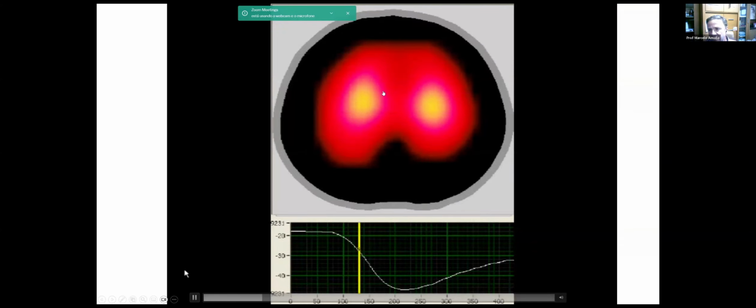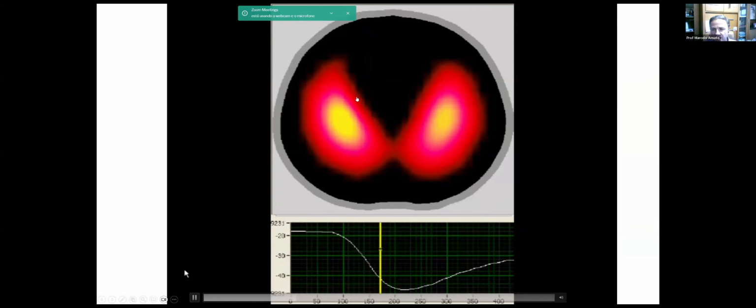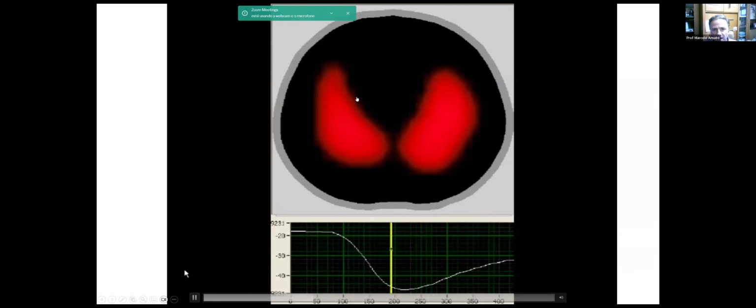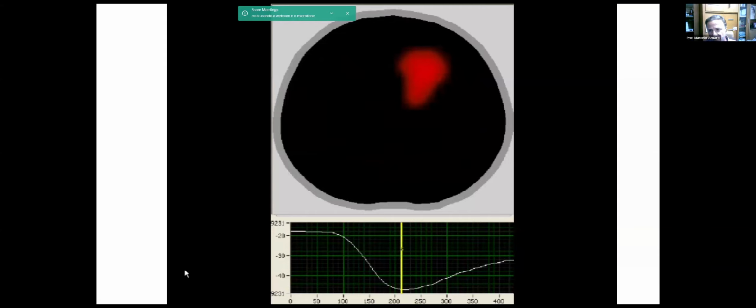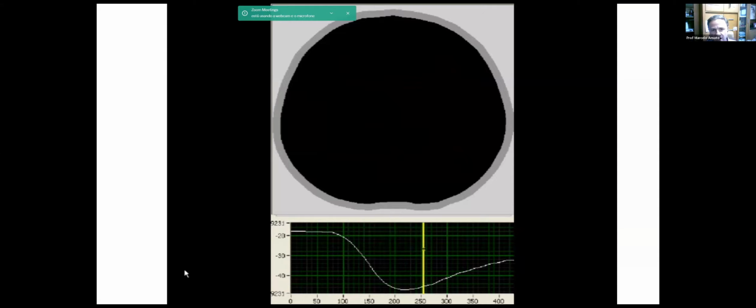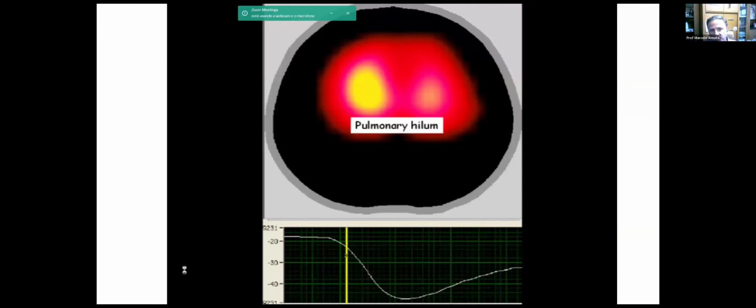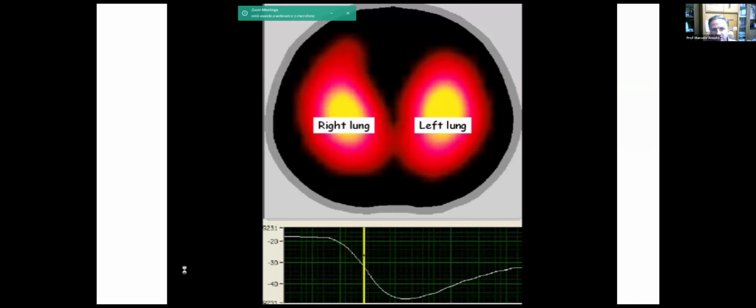As you can see in this video, we inject the saline in the right atrium, and then we see the saline moving towards the lung and then back to the heart, like in this sequence. First, the contrast is in the right atrium, then right ventricle, pulmonary hilum, both lungs, and then back to the atrium.